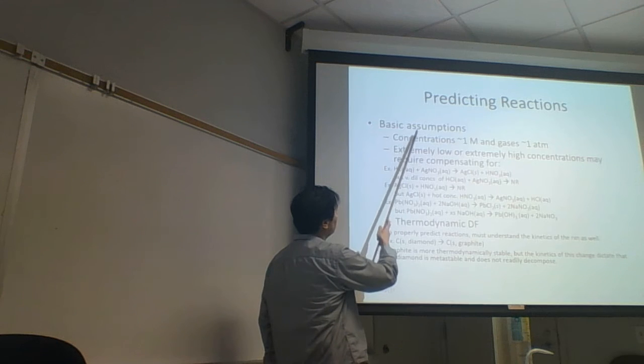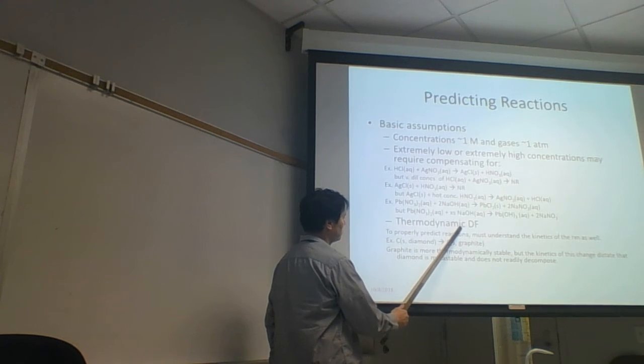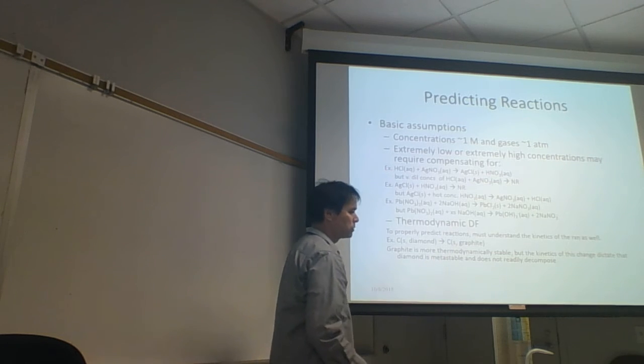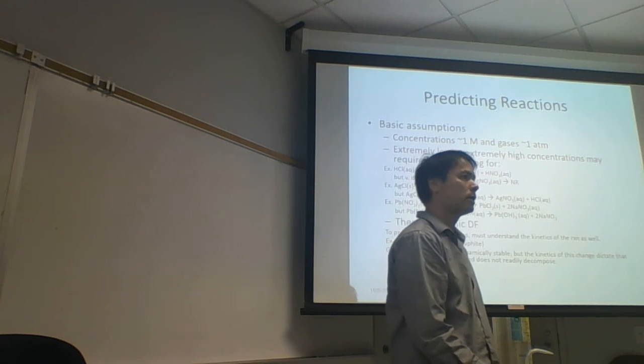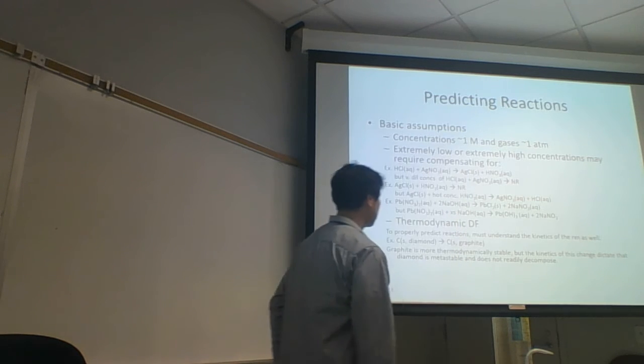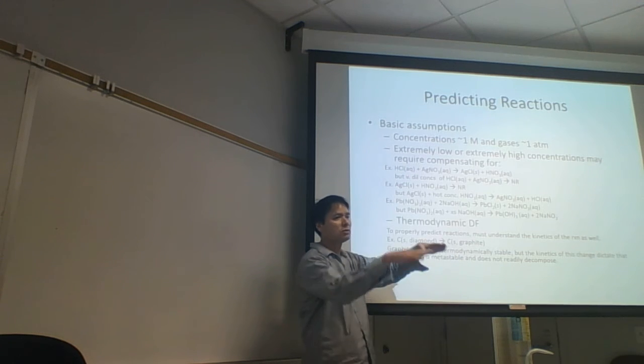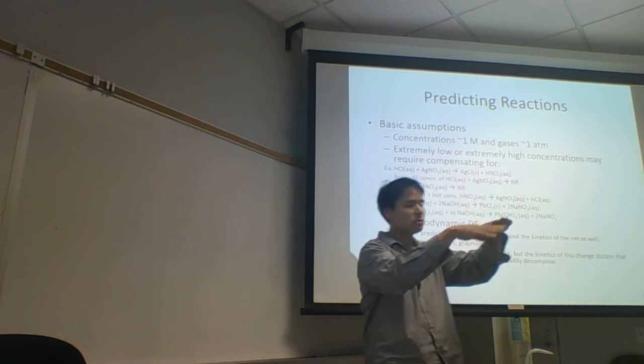And the other basic assumption is these are what we call thermodynamic driving forces. Thermodynamic driving forces don't tell us how long it takes. Some of these reactions can be very slow. One of the reactions that we predict to occur is the conversion of diamond into graphite. Graphite is thermodynamically more stable, so it's lower in energy.